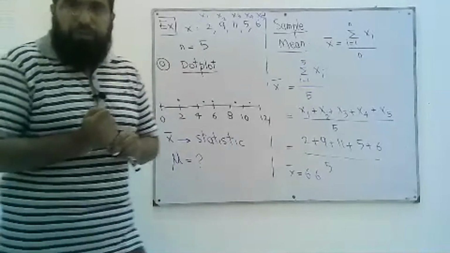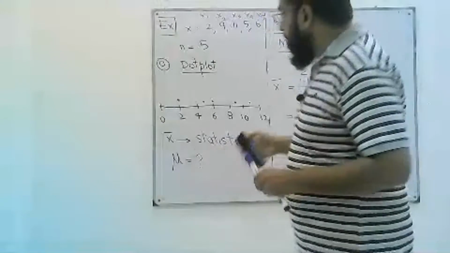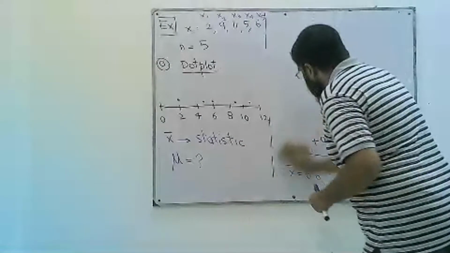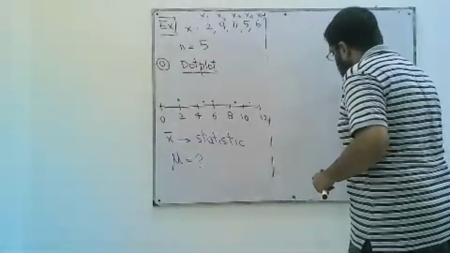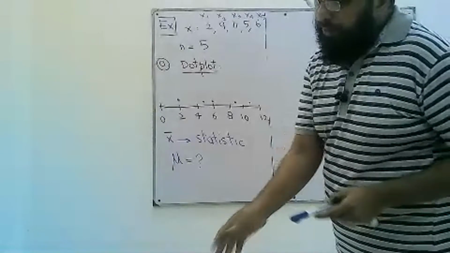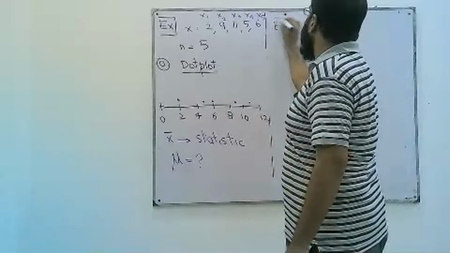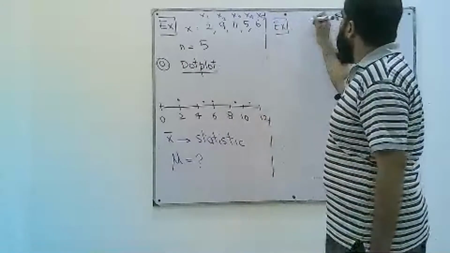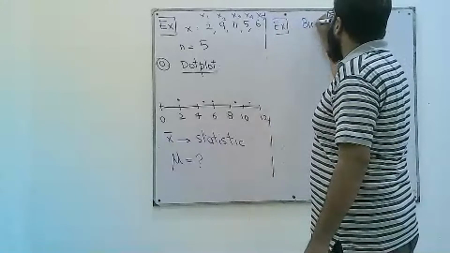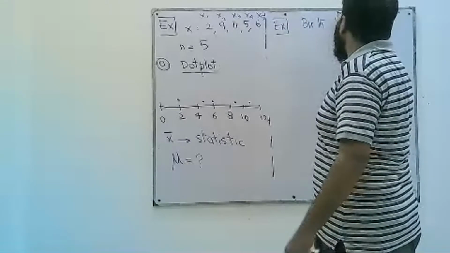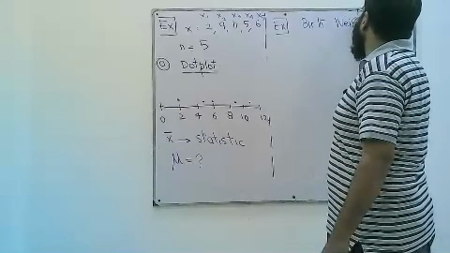Right, before we conclude today's lecture, we have one more example. We have to solve one more example, and that example is taken from the last chapter, chapter number 1. In chapter number 1, we came across a data set and we called that birth weight data.